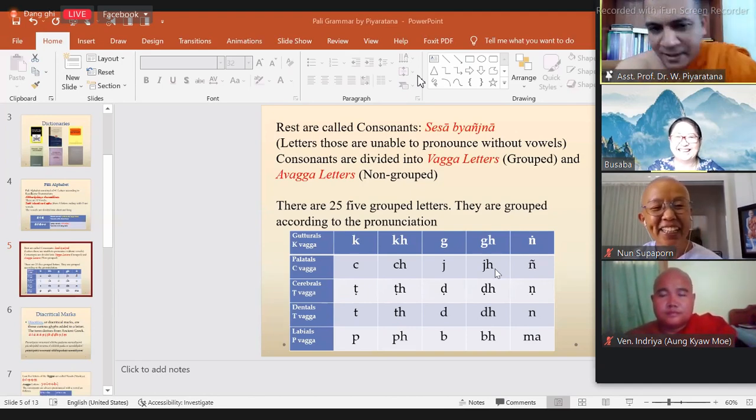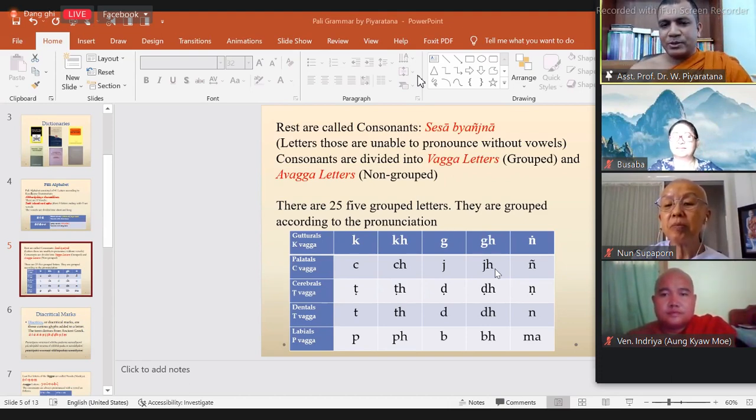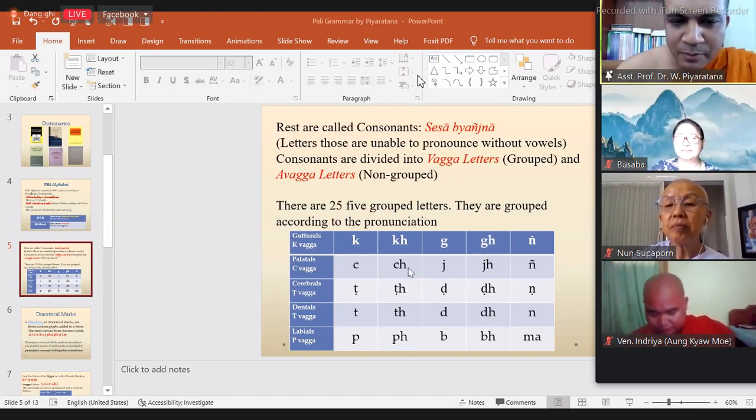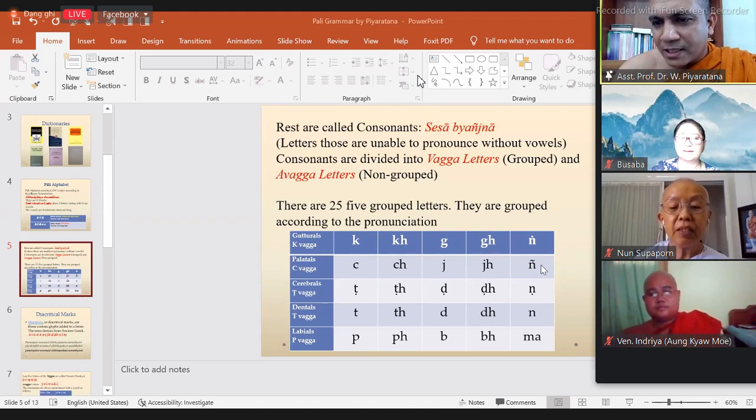That's why I said the first letters we pronounce without any sound, soundless. That is called aghosa. Later we will come back. For the moment, cha, chha, ja, jha, nya.